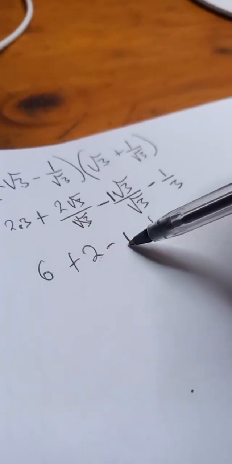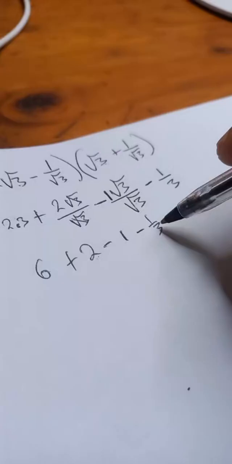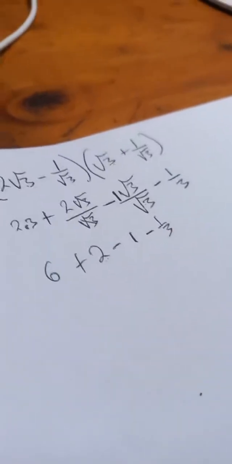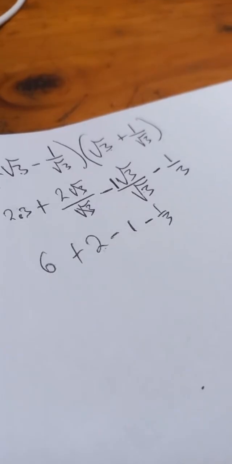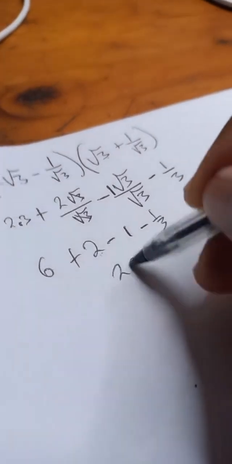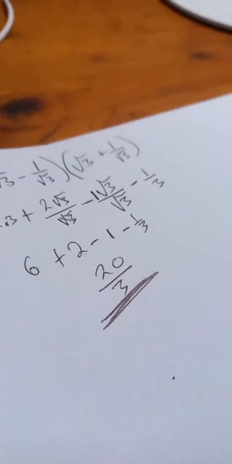Minus 1, that's 7. Right? 7 minus 1/3. 7 minus 1/3 is 20 over 3.